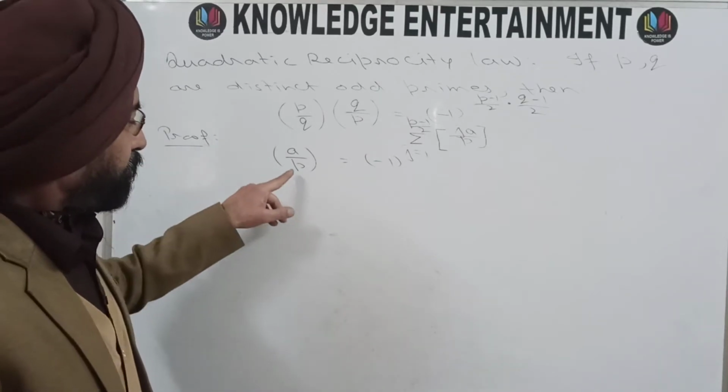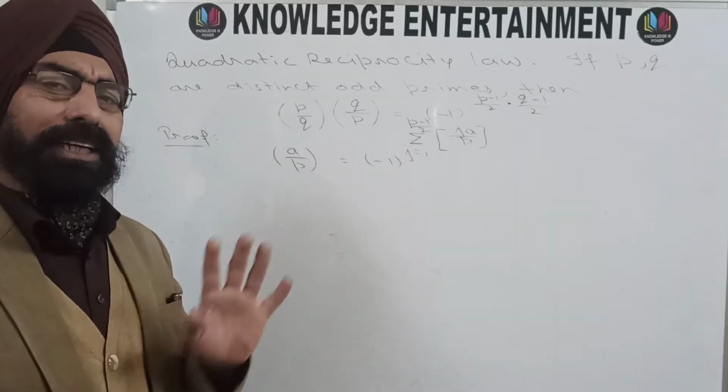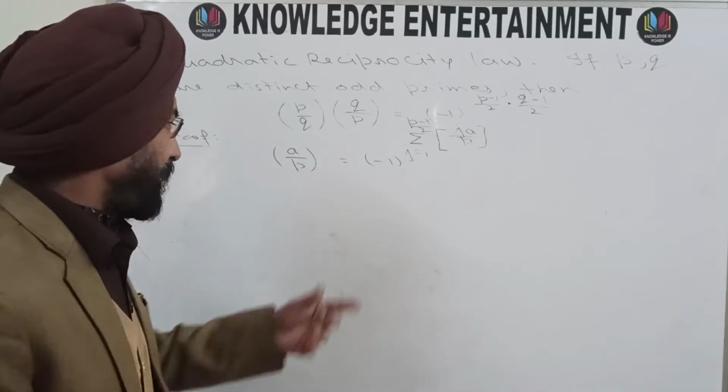First take q as an odd prime and p any odd integer. So what will this result become?